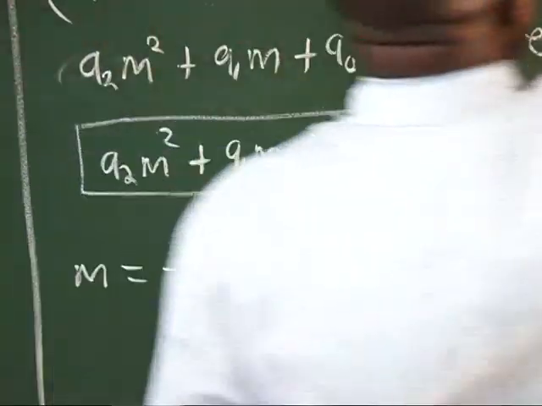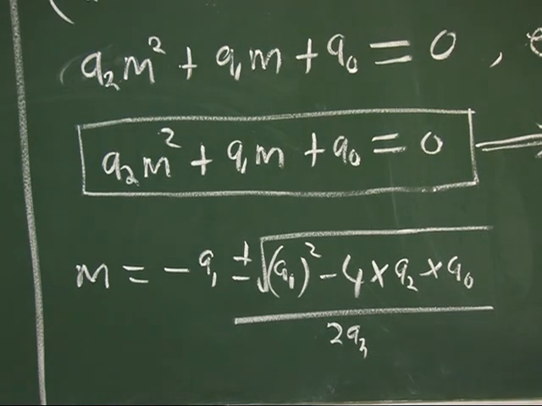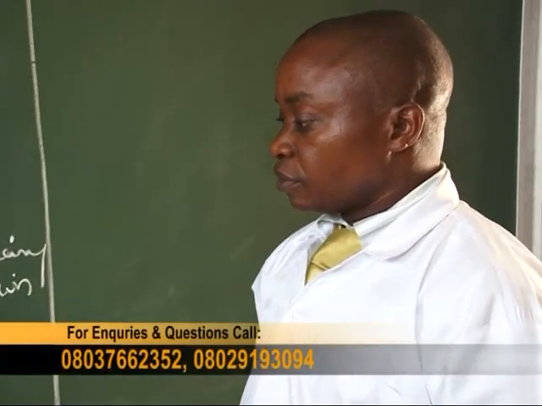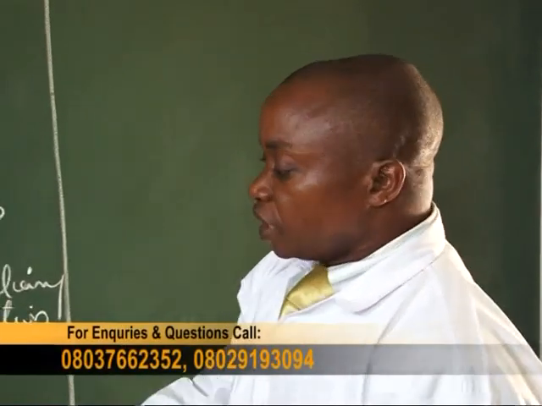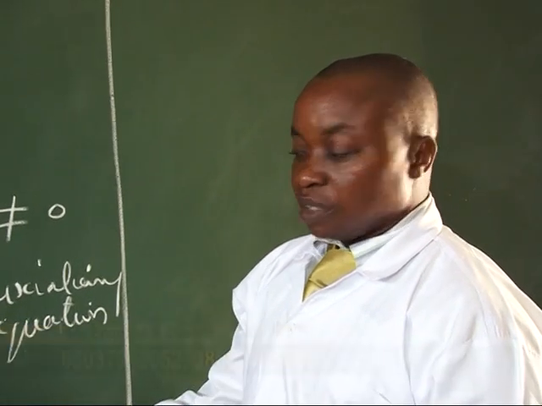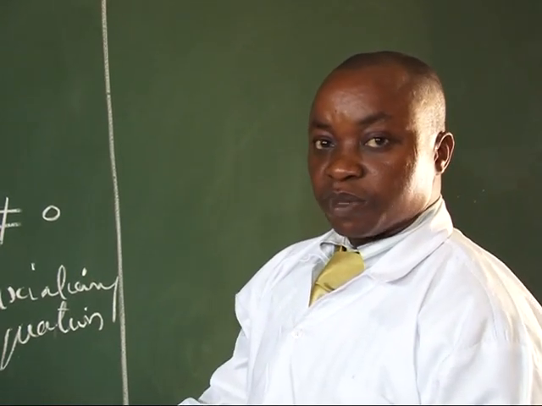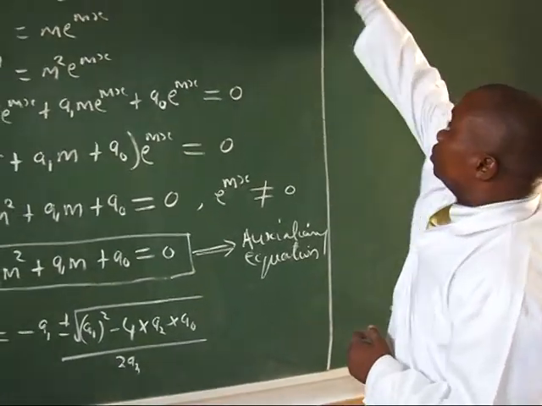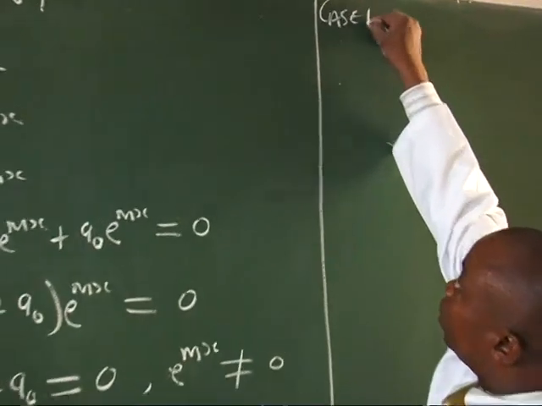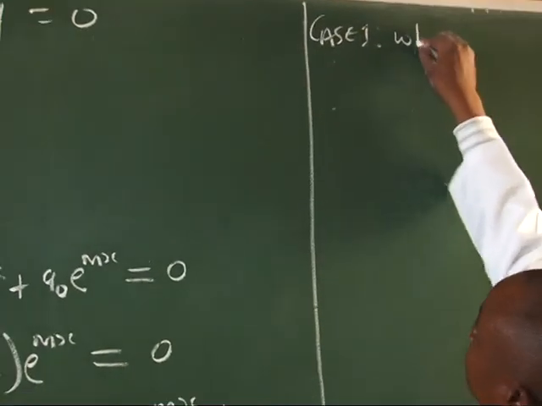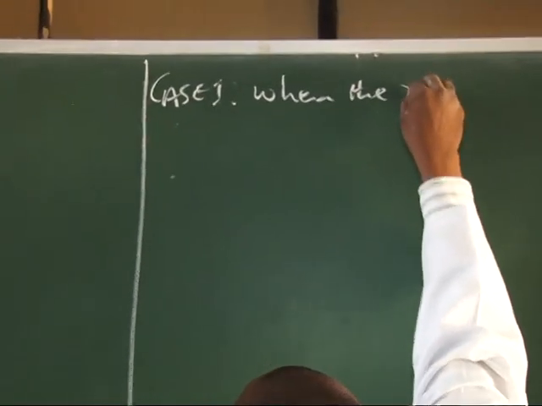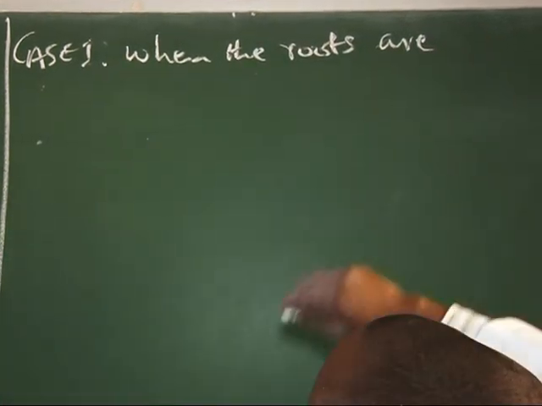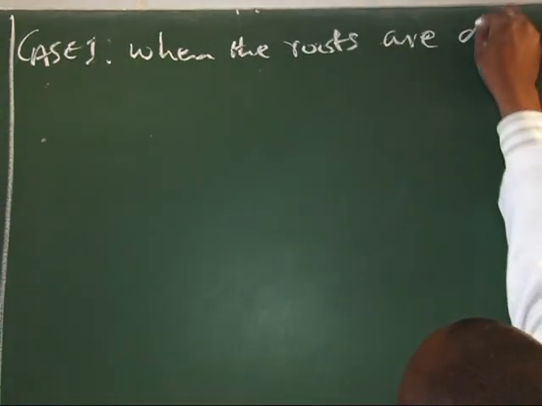Alright. Then, to solve this auxiliary equation, there are many cases that we want to consider. Case 1, when the roots, of course we expect two roots m1 and m2 in the auxiliary equation, are distinct.